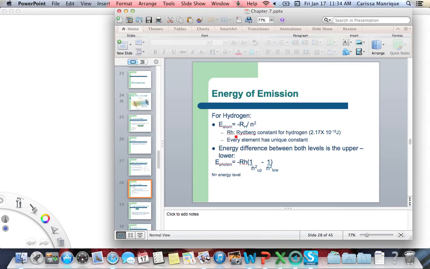The Rydberg constant, the constant for hydrogen, is 2.17 times 10 to the negative 18 joules. So here's the formula, put that in. And then energy between both levels: this is going to be your higher level and your lower level. So let's look at a question to see what I'm talking about here.